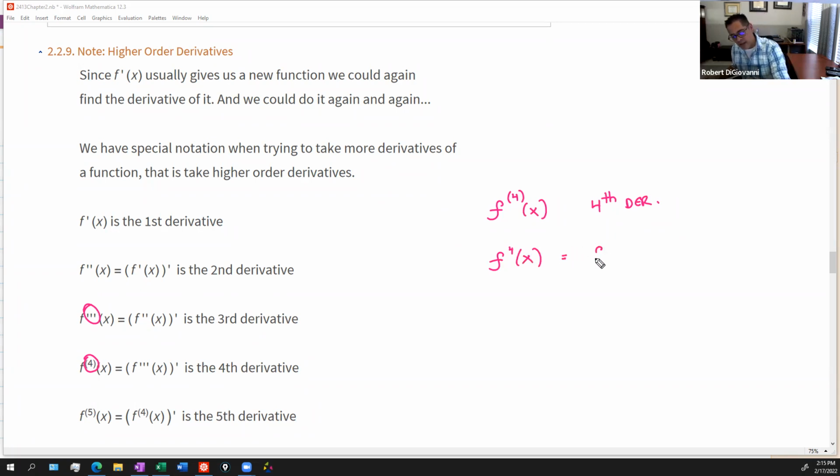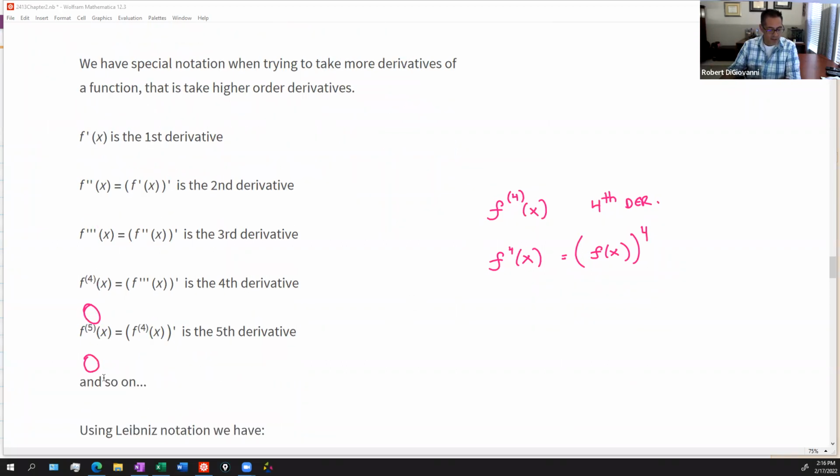This means you take the f function and you raise it to the fourth power. Totally different operations, right? So to distinguish between the two, we put a set of parentheses around the 4 to let you know we're talking about a derivative and not raising to a power. Fifth derivative, sixth derivative, and so on and so forth, all right?